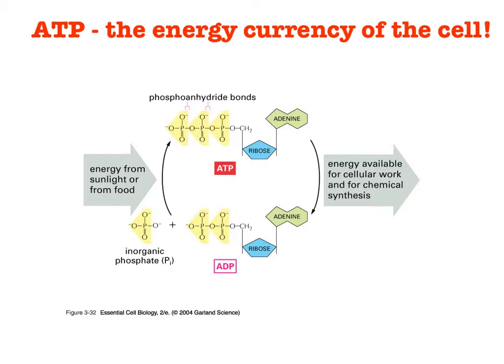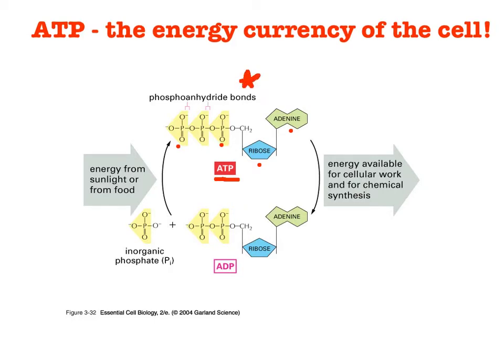When an exergonic reaction has happened and there's been a release of some energy that can be used, it is stored in this molecule ATP. If you recall, ATP is a ribose sugar with an adenine group and three phosphates. The bonds between the phosphates are where that energy gets stored.